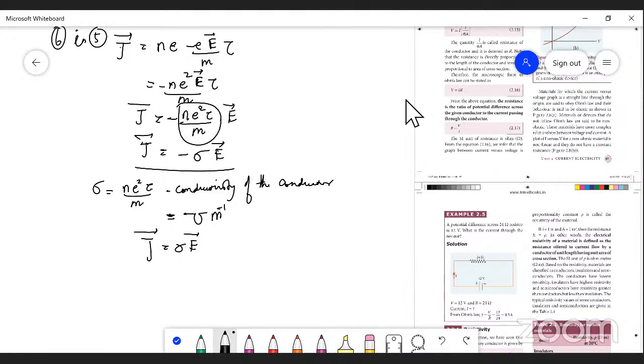Current flow always takes place in a direction opposite to the direction of flow of electrons. Why has this idea been taken? Before the discovery of electrons, current was already discussed. So people were not aware of what makes the current flow.